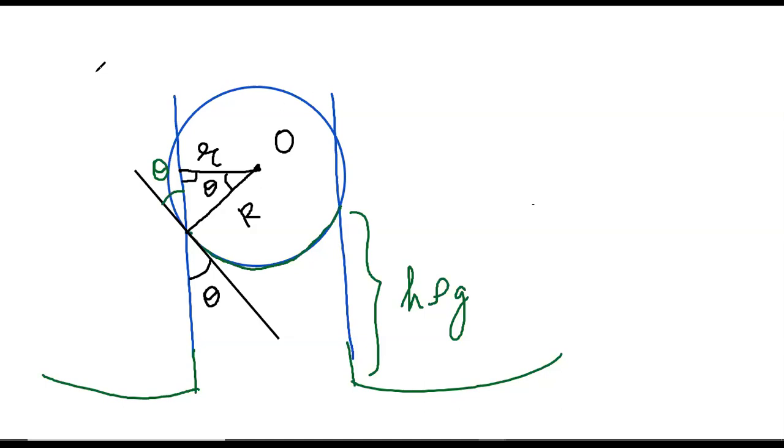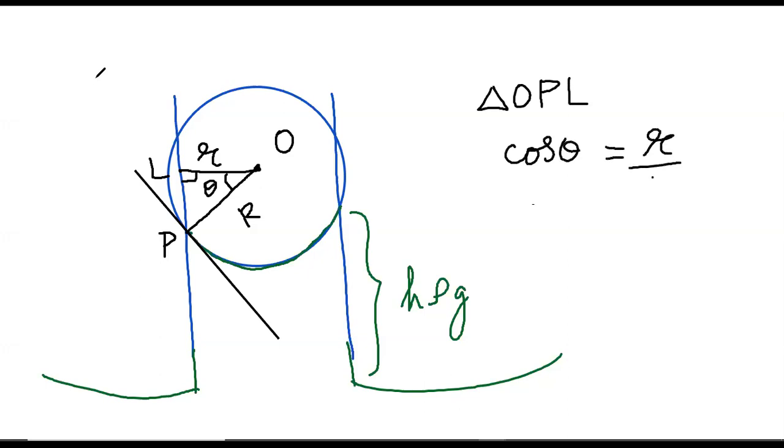So I'm going to erase the unnecessary angles and hold theta over there, which is the angle of contact. Let me consider this point as P and this point as L. So I have a right-angled triangle OPL, in which I apply some trigonometry and write cos theta is equal to small r by capital R. So I get the radius of curvature of the meniscus as small r divided by cos theta.